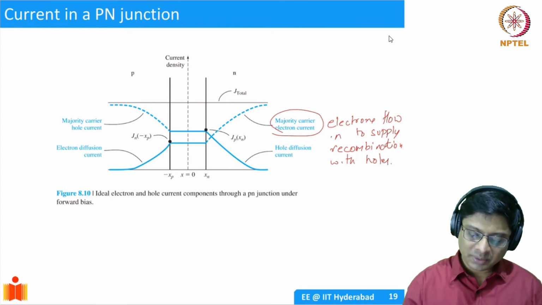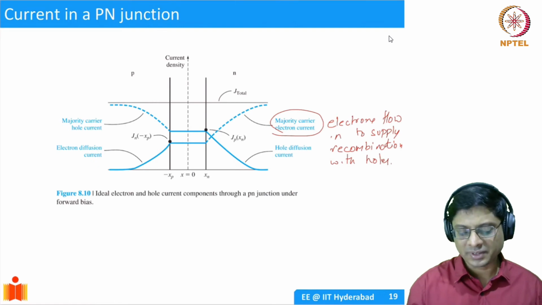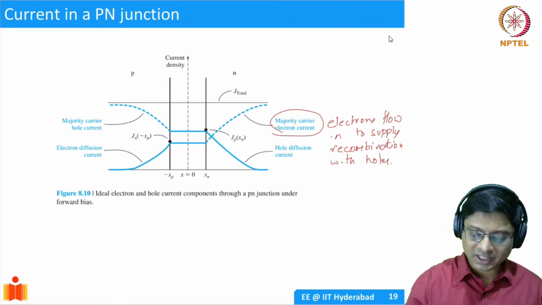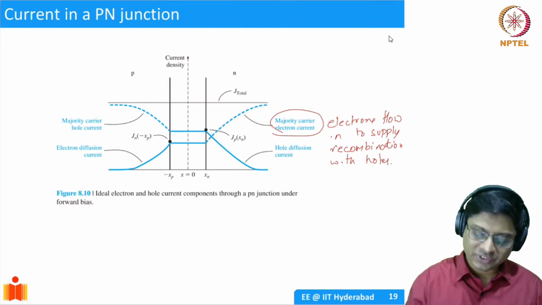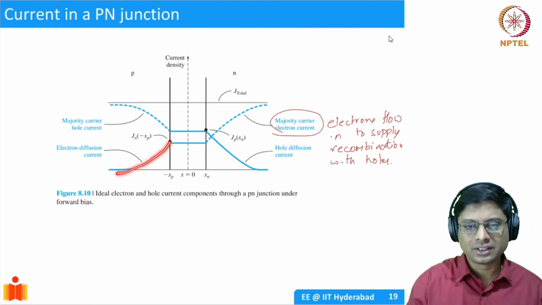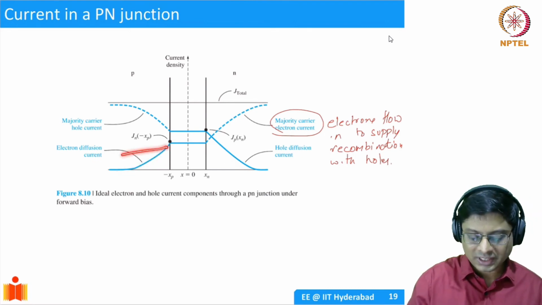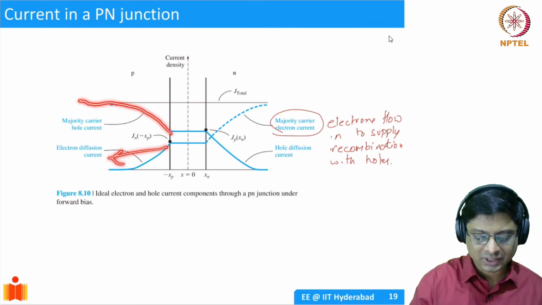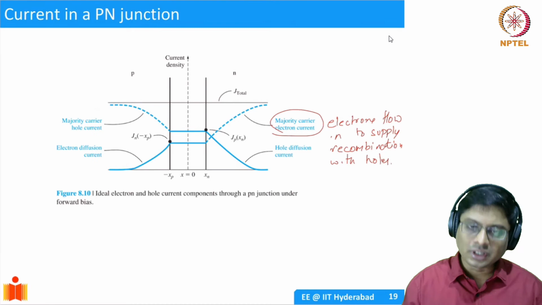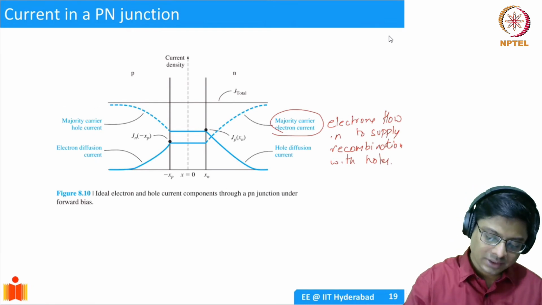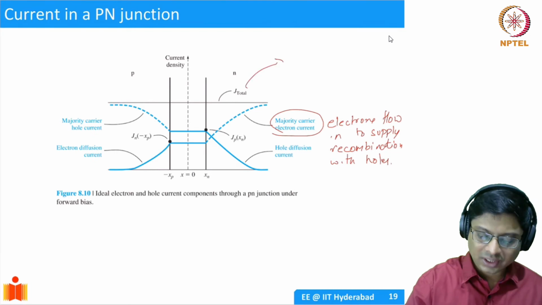As you go deeper into the semiconductor, you will see that the majority carrier current is picking up. Similarly, on the P side, at the junction you have the diffusion current, but as you go deeper into the P-type, the majority carrier holes will be supplied by the P-type semiconductor, so that is dominant.